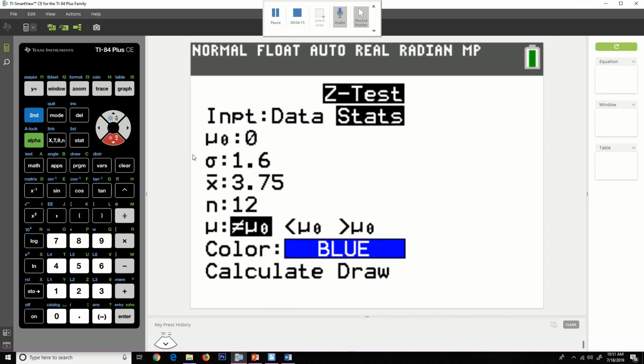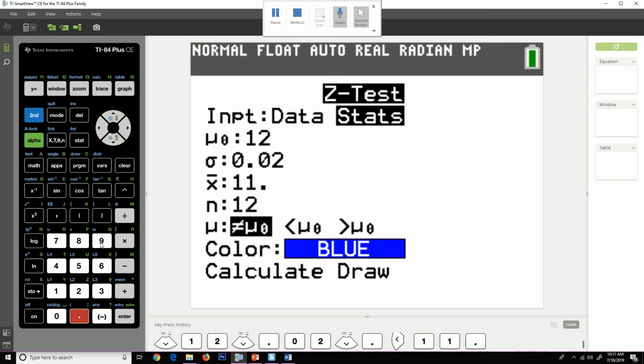Our proposed mean, our null mean, we said was 12, and then our standard deviation was 0.02. We have a sample mean of 11.9, and the number of elements in our sample, I think, was 30. Let me check my notes just to make sure. Yep, it was 30.